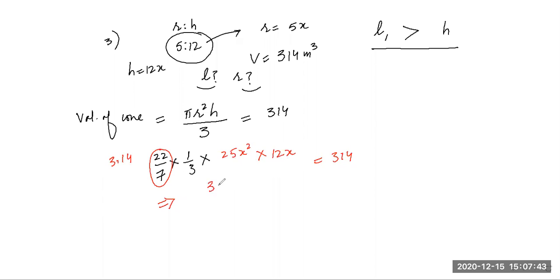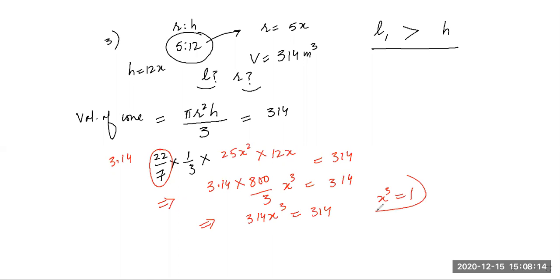So it is 3.14 into 300 divided by 3, x cube, and this is equal to 314. So you cut it, and what you get is 314 x cube is equal to 314. From this I will get x cube is equal to 1.